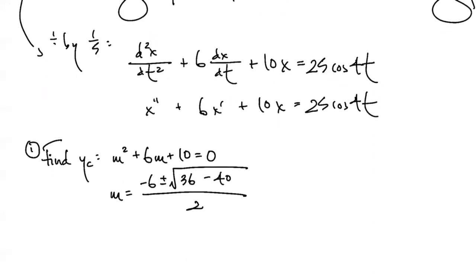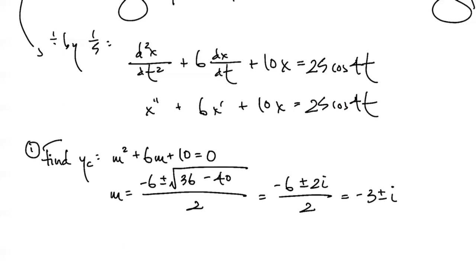Ooh, looks like we're going to have an underdamped situation, right? Because 36 minus 40 is going to give me a negative in there. So let's make sure I do this right. -6 plus or minus 2i over 2. I'm going to divide everything by 2, so -3 plus or minus i. Okay.